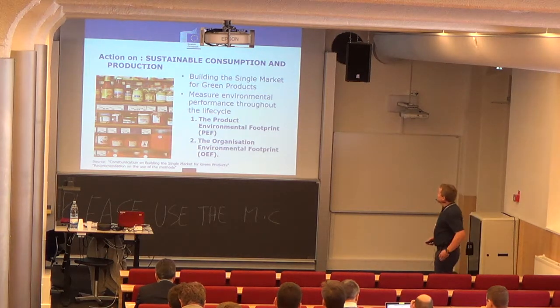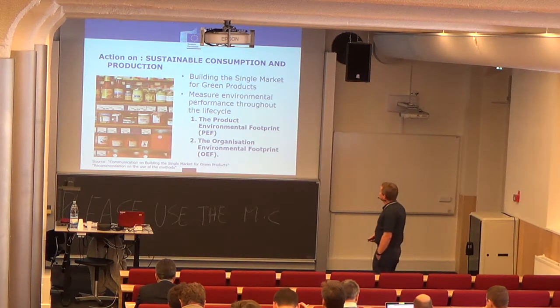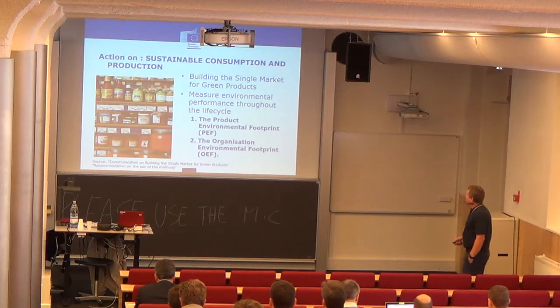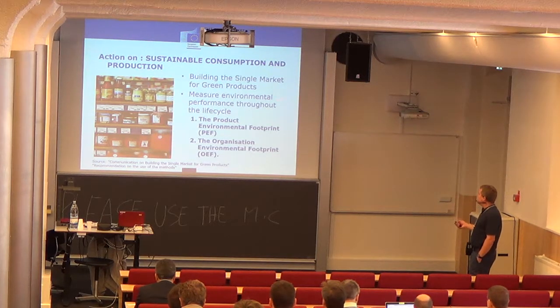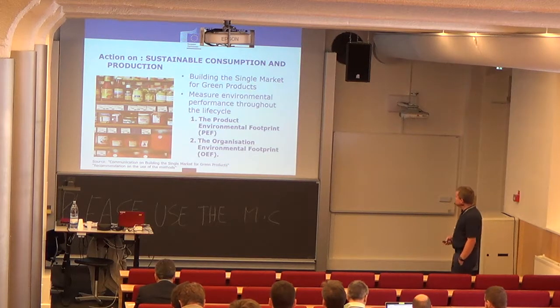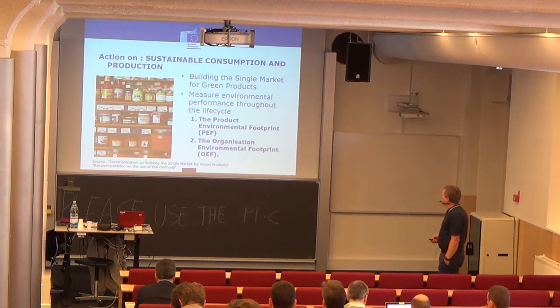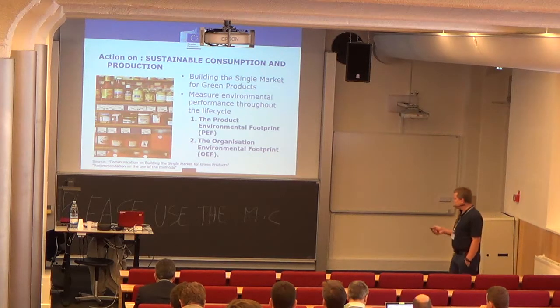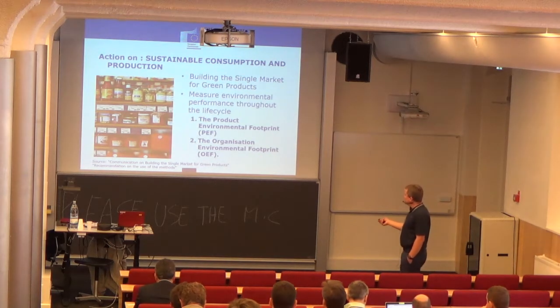Then there are other areas, for example, action on sustainable consumption and production, and building of the single market for green products. For this we need to provide some measures to measure environmental performance throughout the life cycle, and we need to follow product environmental footprint and organization environmental footprint, and this is also important.